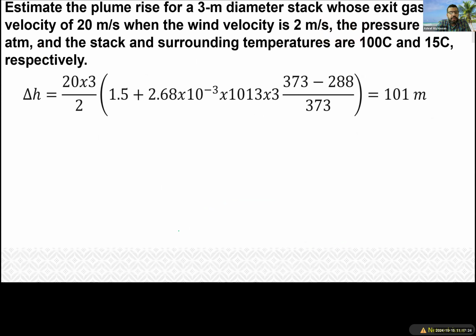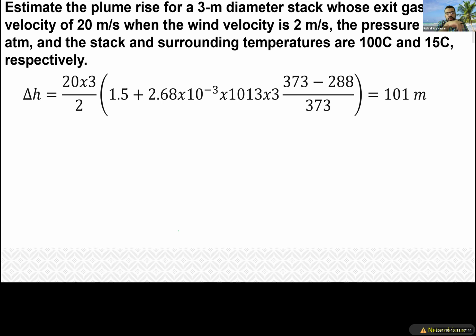So looking at this example, estimate the plume rise for a 3-meter diameter stack whose gas has a velocity of 20 meters per second when the wind velocity is 2 meters per second, the pressure is 1 atmosphere, and the stack and surrounding temperatures are 100 and 15 degrees Celsius respectively. So we just directly substitute in the equation.